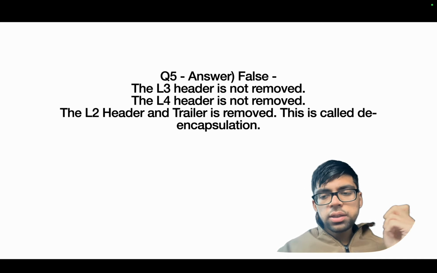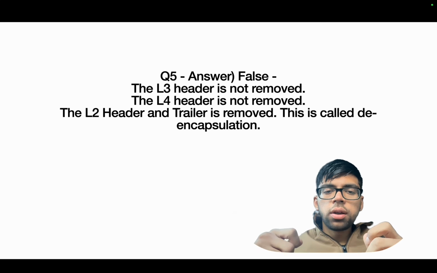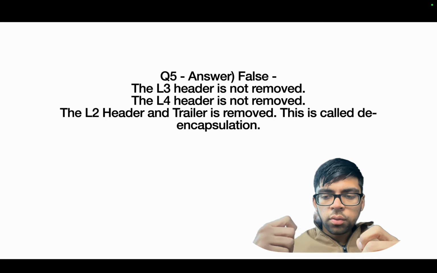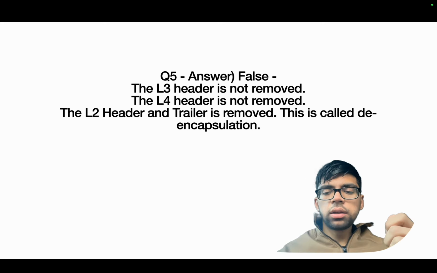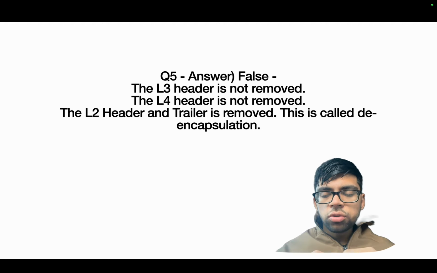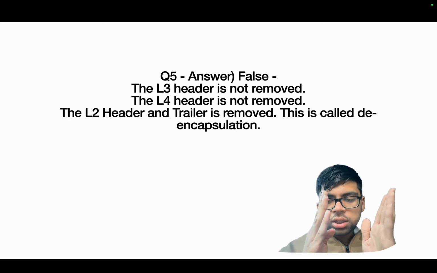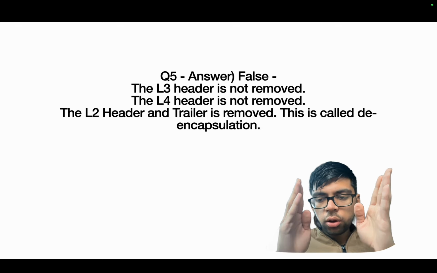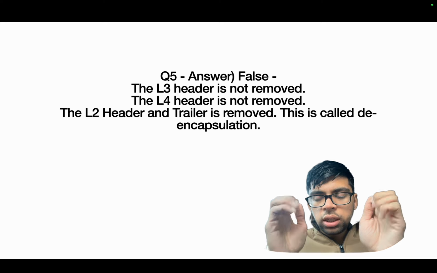So when the frame is being sent from PC1 to switch 1 to router 2, what happens is, when the packet's being sent from the PC to your switch to your router, you've got de-encapsulation at layer 2. The packet holds the data, but the packet needs to get encapsulated.